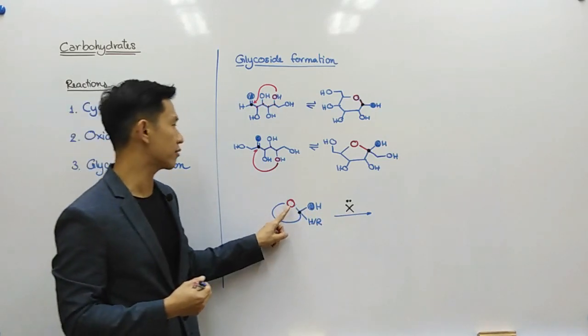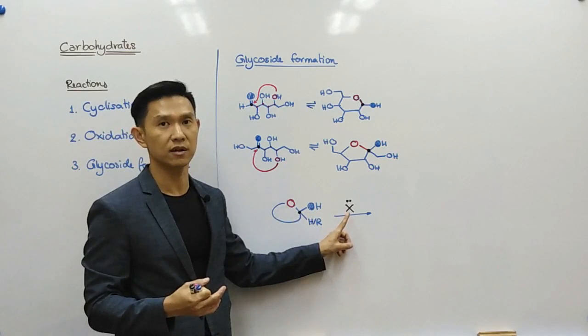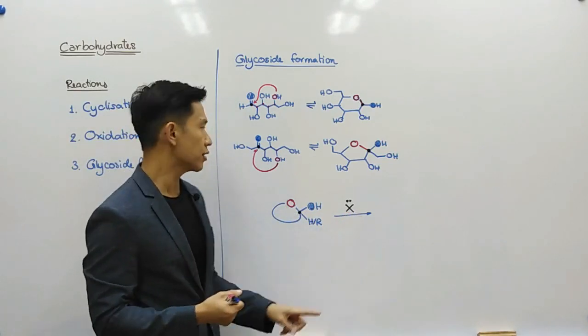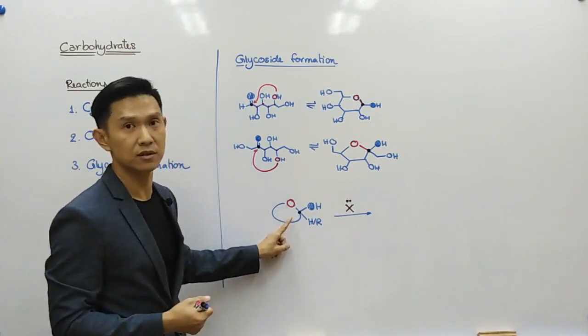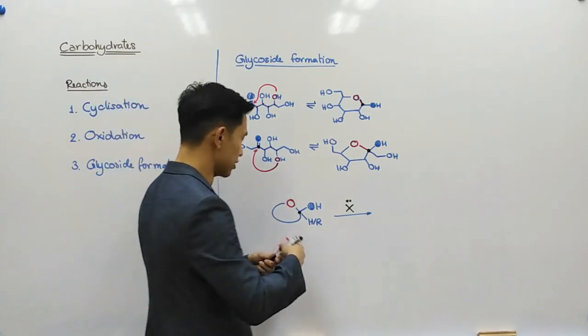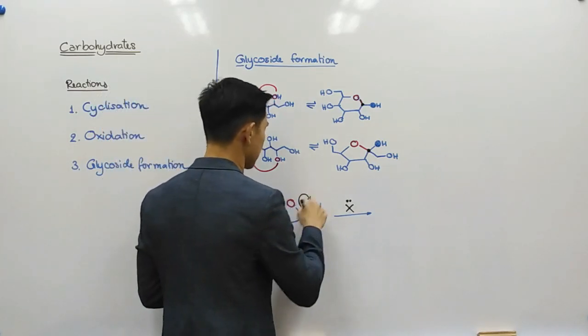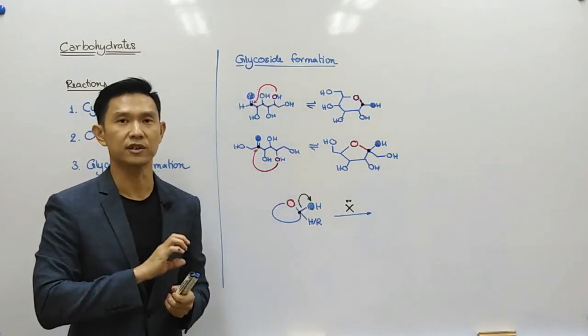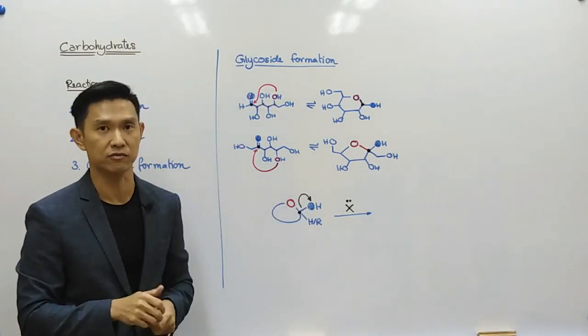So this carbon can react with a negative thing, like the X group. So the X group will substitute something here in the structure. And a very easy way is you just kick out this O as the hydroxy group, as a leaving group.